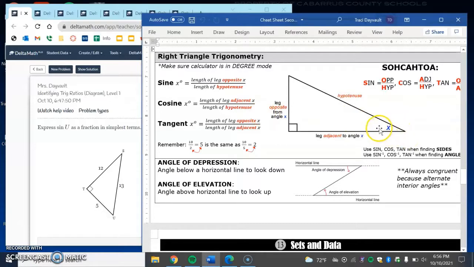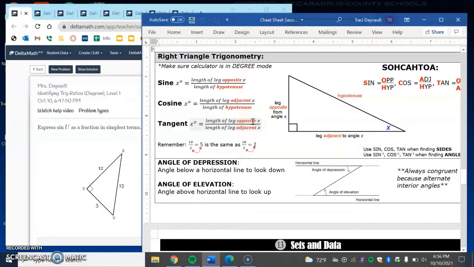Cosine of this angle, again, these words are just talking about the ratios between all of the similar triangles that have this angle measure. Cosine is the length of the leg adjacent, and remember, adjacent means beside, like touching, adjacent to our reference angle, over the hypotenuse.